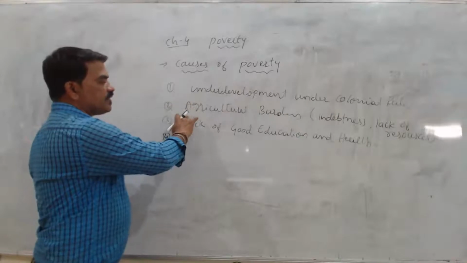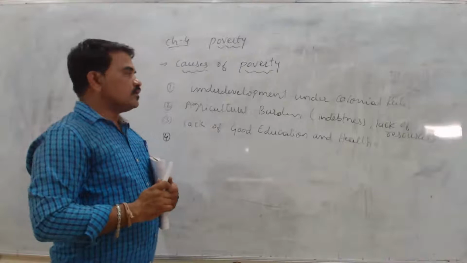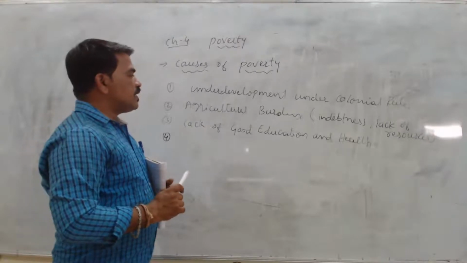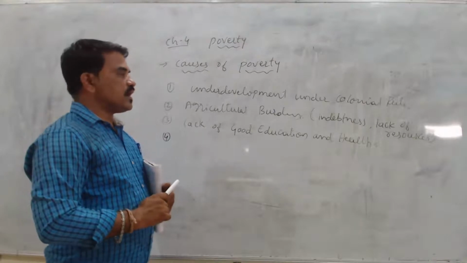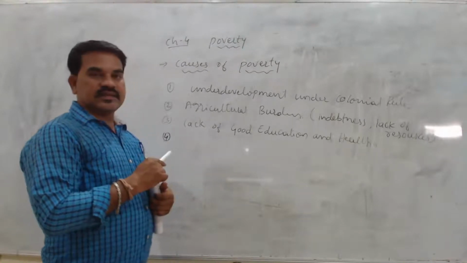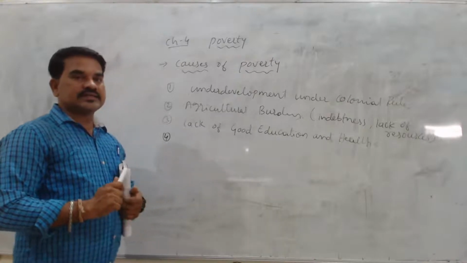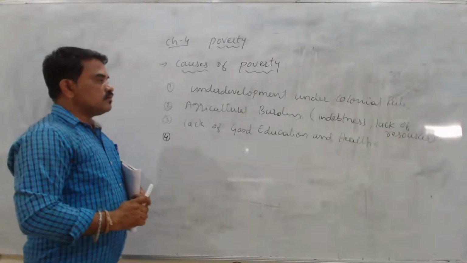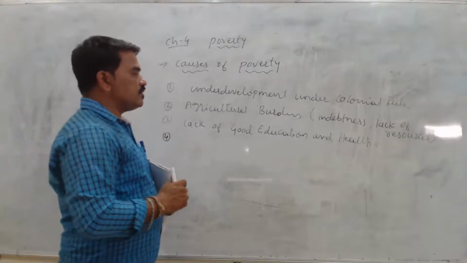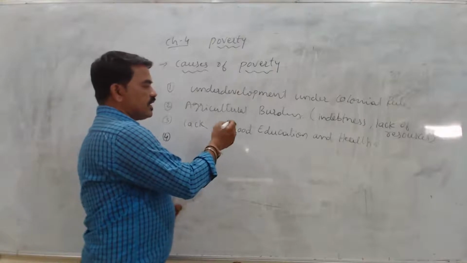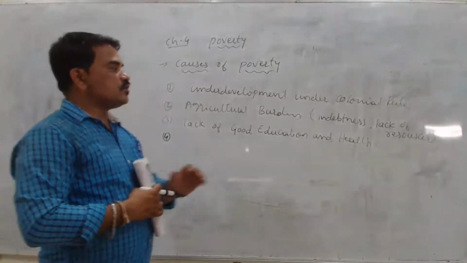And second, after independence, the government came up with so many reform programs, but most of the states failed to implement those things. And even where the government succeeded, it was not to a great extent. Suppose a farmer has a land but it is not of good quality, to improve that he has to go for a loan.